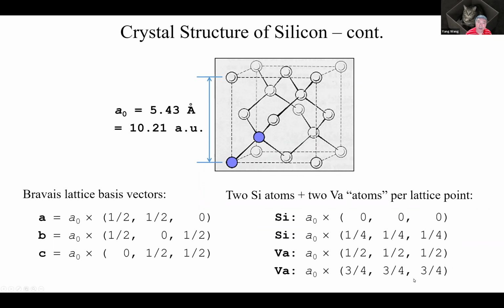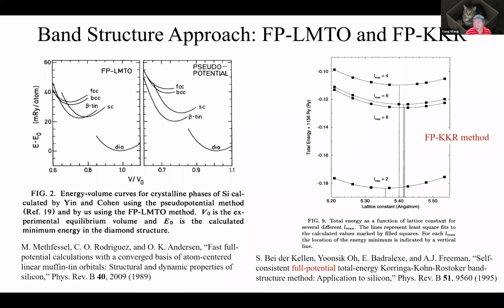Actually, treating silicon is not a new thing for those orbital methods with local basis. For example, it was done in 1989 by the full potential LMTO method. They got this nice parabolic curve of total energy versus lattice volume or lattice constant, however you measure it.